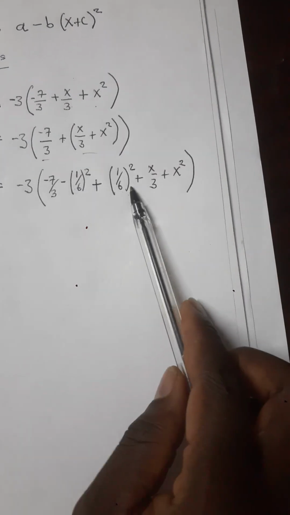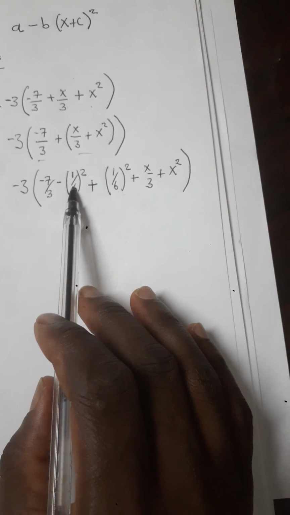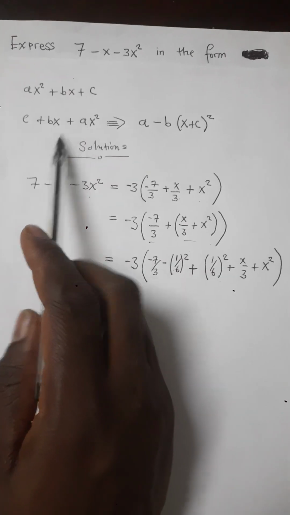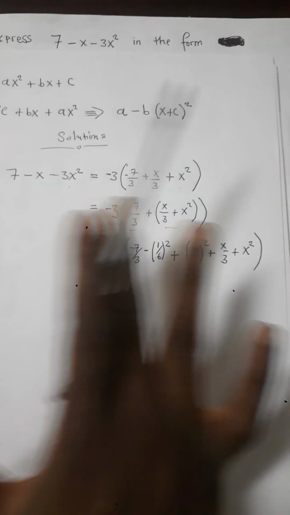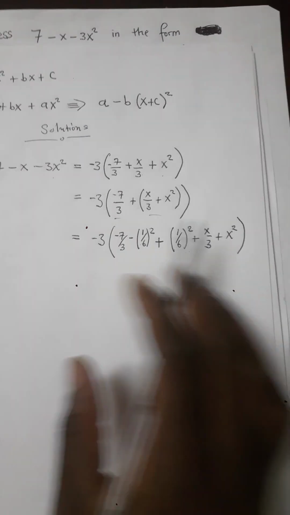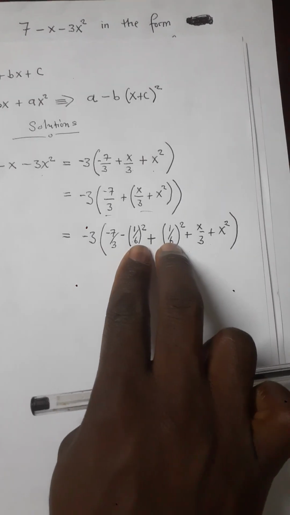I don't want these terms to affect my quadratic expression. When the quadratic expression is in that form and the one in that form, they should have the same effect. They should be the same. This is the reason why I add and subtract, because this is as good as 0. I hope you get that.